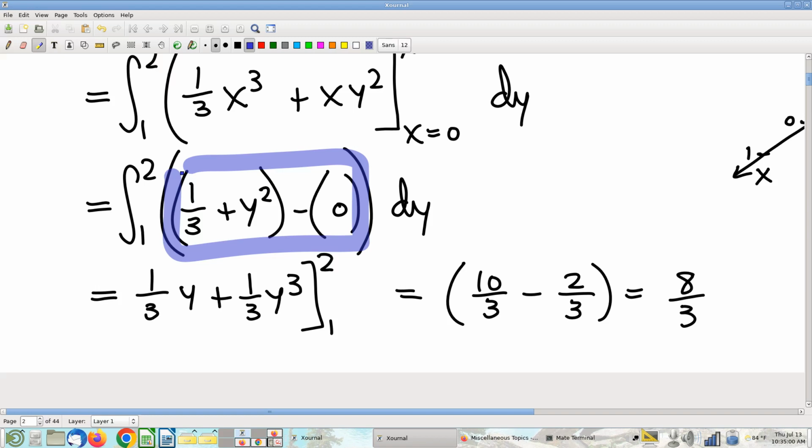Now, it's tempting again to say, wait a minute, when you evaluate an integral, you're supposed to get a value, not a function. Okay, sure, but remember, y is a constant. And so, as far as the inside integral is concerned, this is a great big constant. So we have fully evaluated that inside integral.